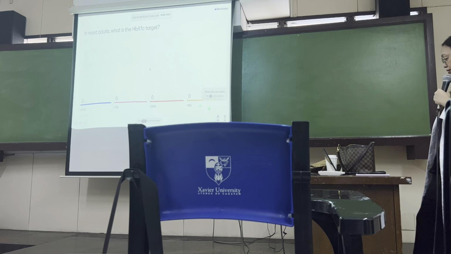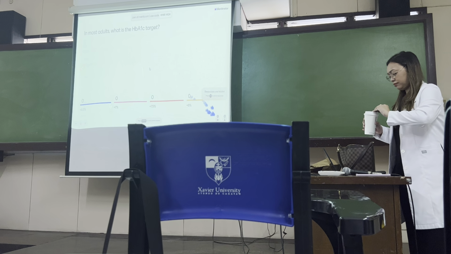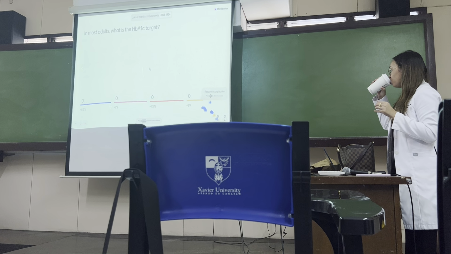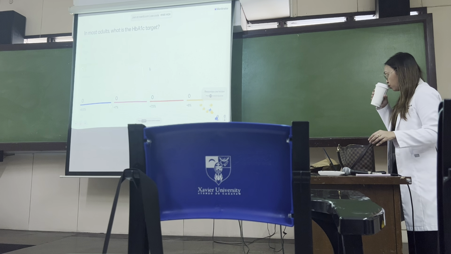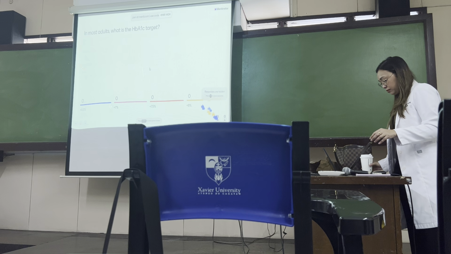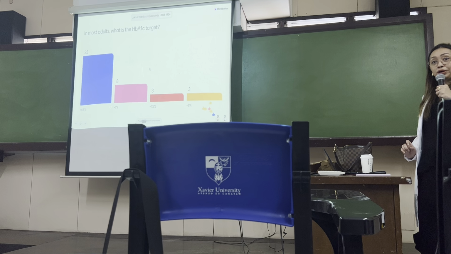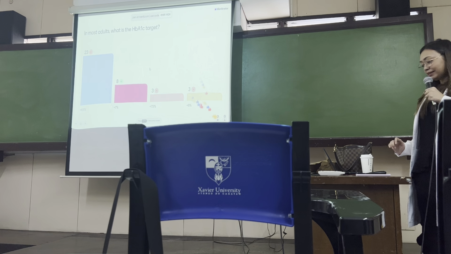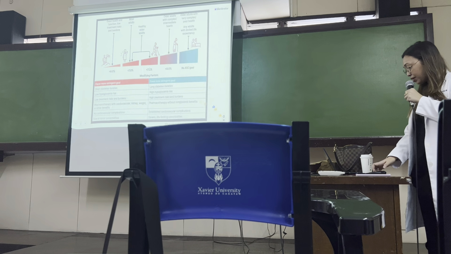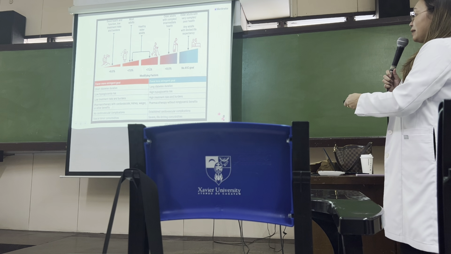Okay, the correct answer is less than 7%. In most adults, the A1C target is less than 7%.